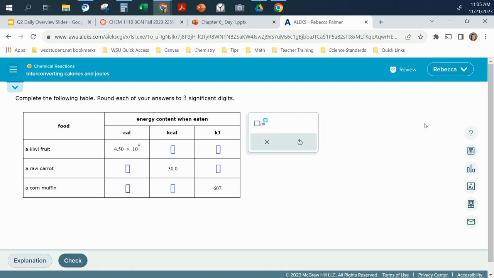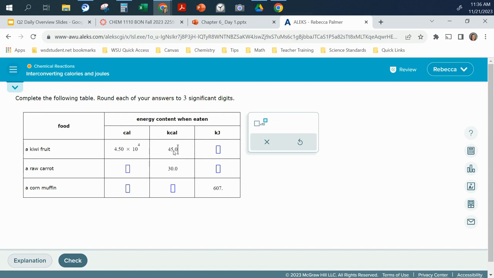So we're going to take this number and divide by 1,000. This number is going to go down by 3, so it would be 4.5 times 10 to the 1, which ends up just being 45. And we need 3 significant digits.